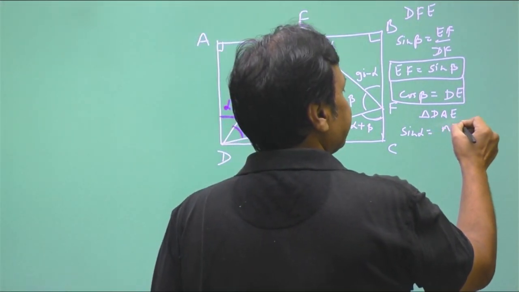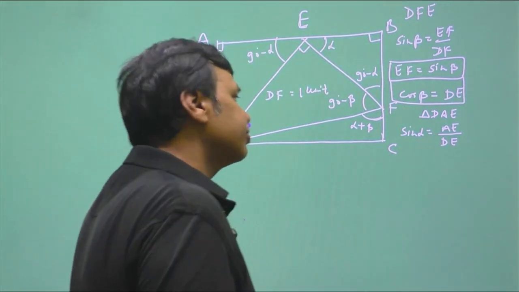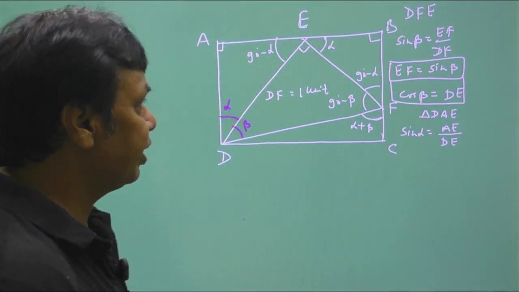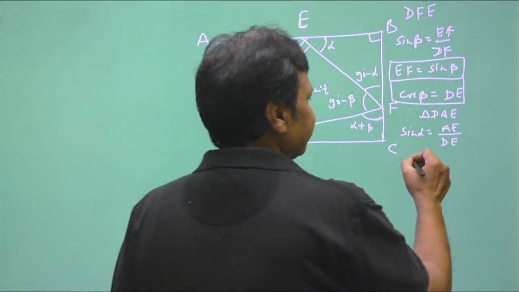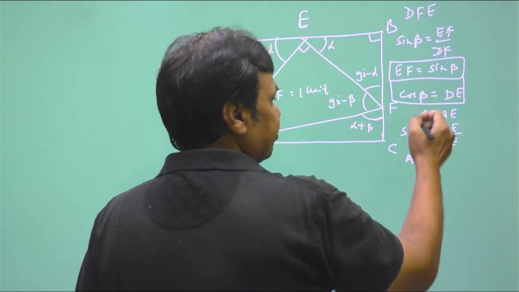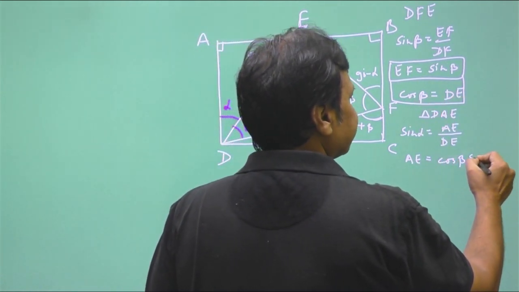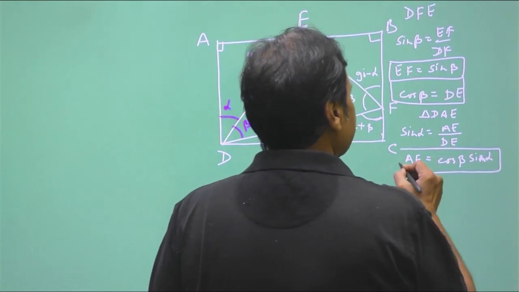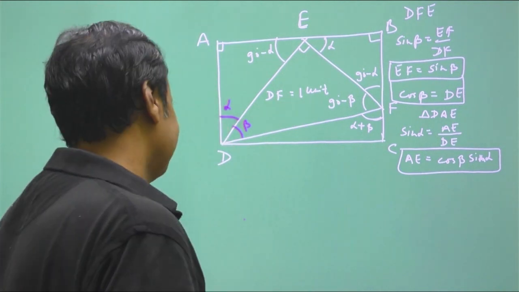AE upon DE. Just calculate it carefully. AE upon DE, and DE you can see here is cos beta. That means you got AE equals cos beta times sine alpha. That's your AE.